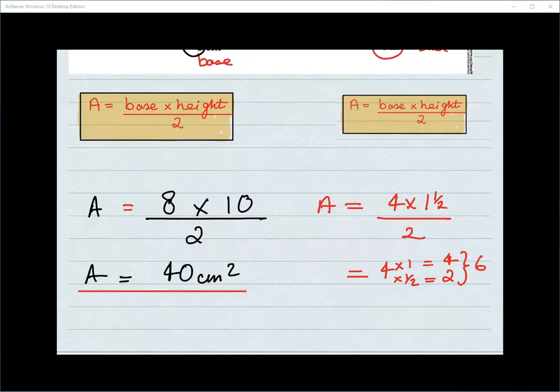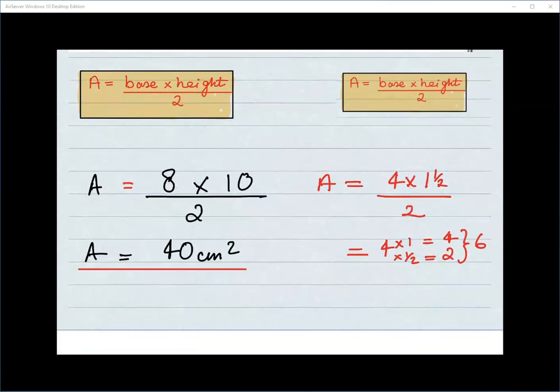Fantastic. That's better. That's how you work out if you want to multiply it like that. You multiply by the whole number, then multiply by the fraction and combine them. So we now have area is equal to 6 on the top and 2 on the bottom. So what's the final area? The final area is 3. Fantastic.